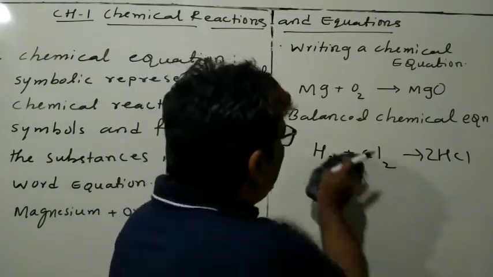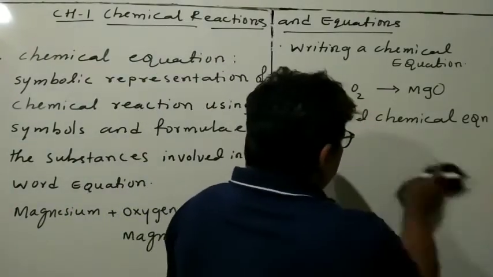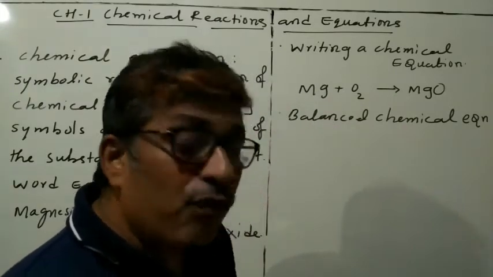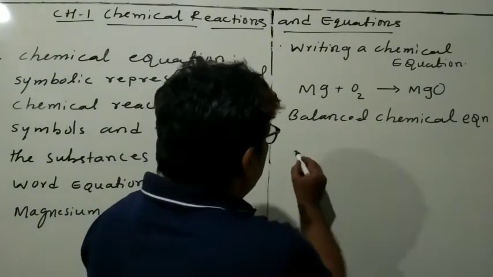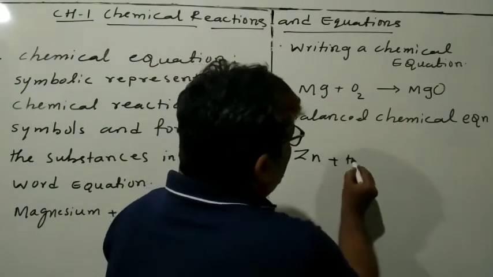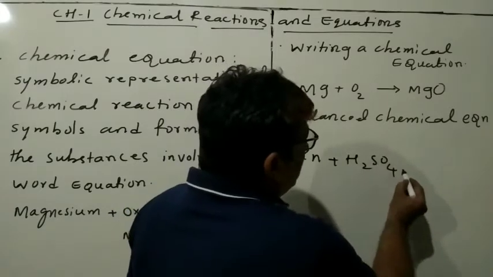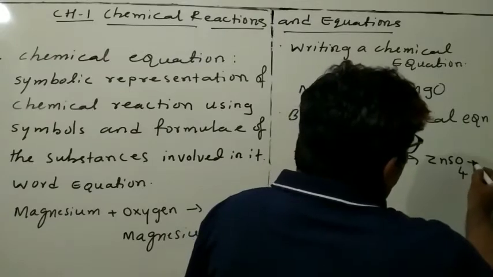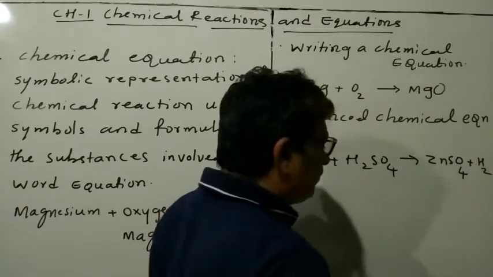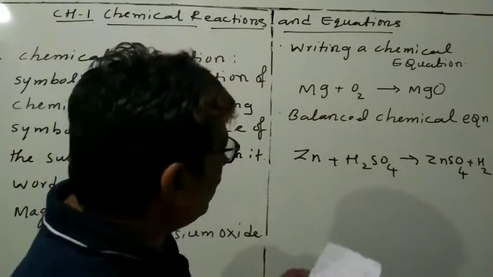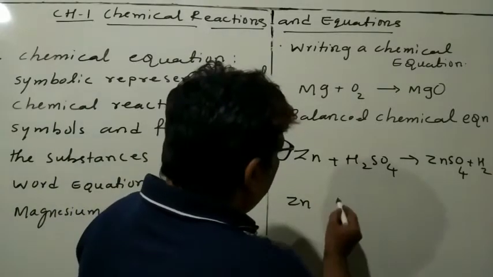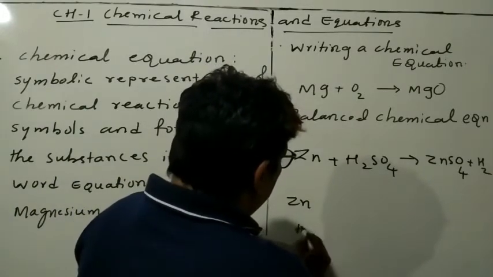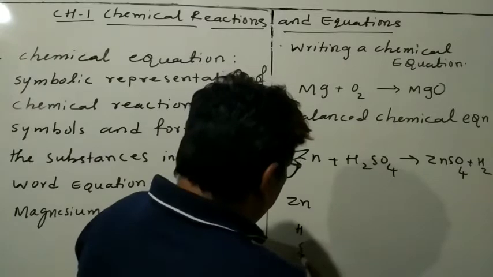Okay, now we'll see one more: Zn plus H2SO4 gives ZnSO4 and H2. Here you see the elements that are there: Zn, hydrogen, then sulfur, oxygen.